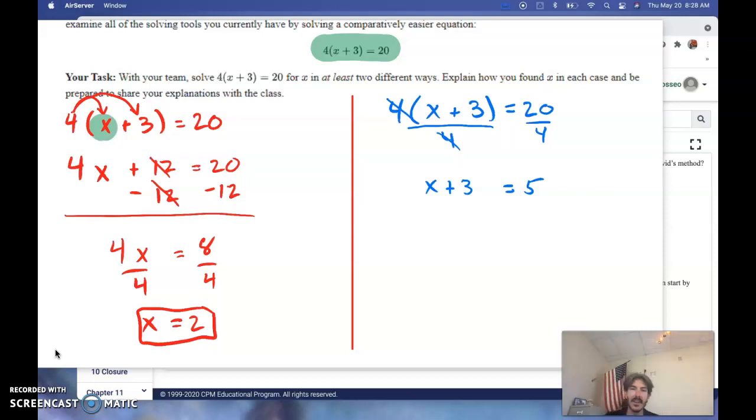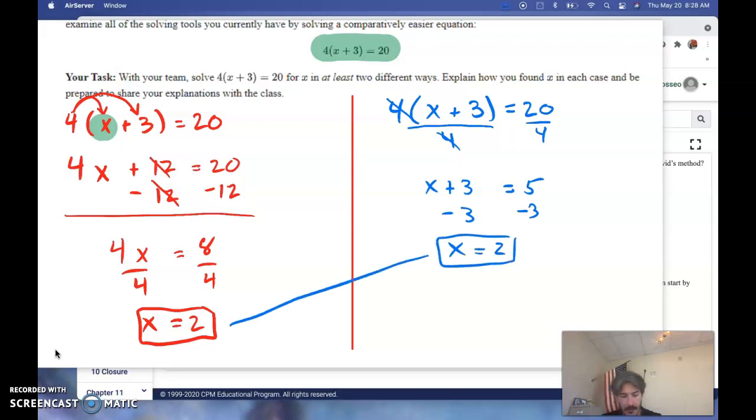This is the type of equation that you inch into problem solving with in 7th grade. We can just take a one-step approach here, subtract 3 from both sides, and we get x is 2. We know that to be our solution because we've got a solution that matches. Two different ways to do the exact same problem. Again, how did you see it?